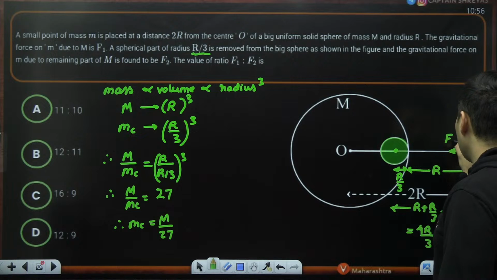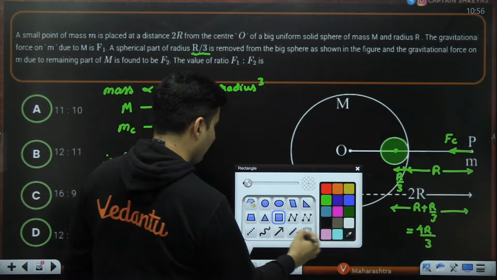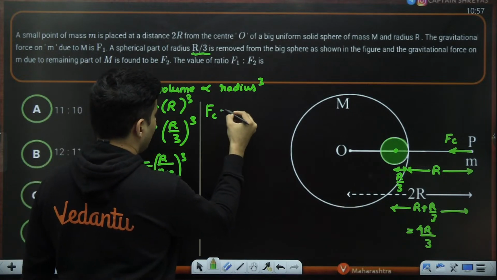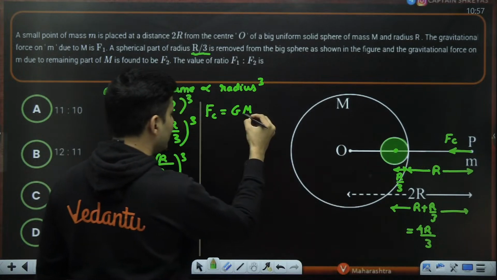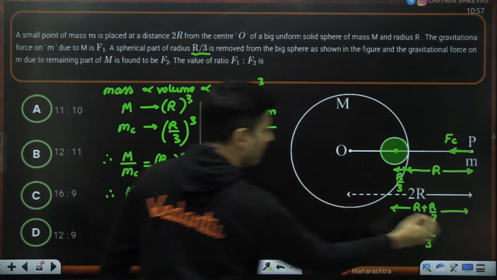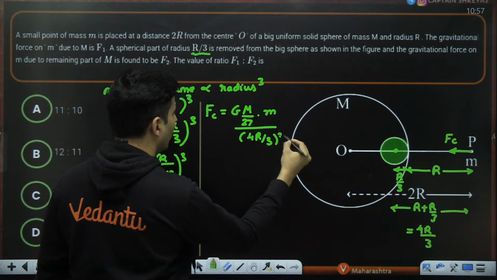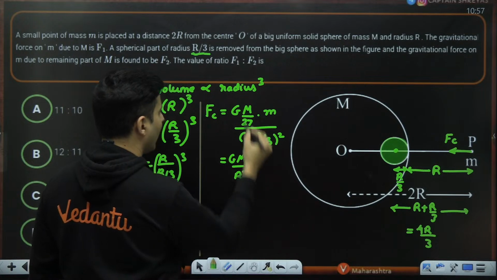Now find how much force will be there because of the cavity. That particular force because of the cavity will be G times m by 27 multiplied by small m, whole thing divided by the distance square, which is 4r by 3 the whole square. So you will have GMm by r square as it is.